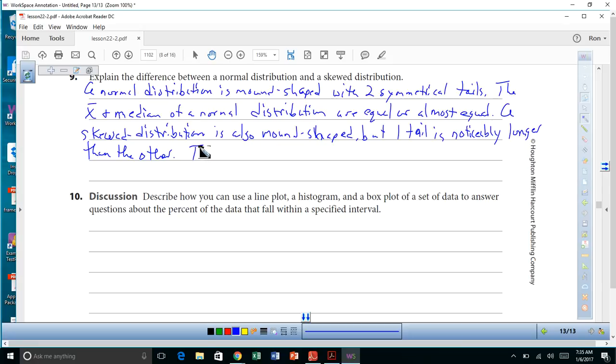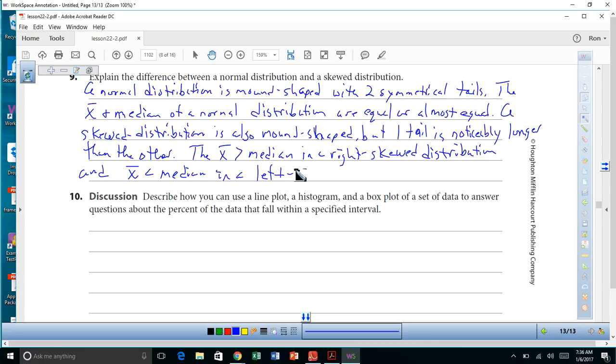We'll say the mean is greater than the median in a right skewed distribution, and the mean is less than the median in a left skewed distribution.